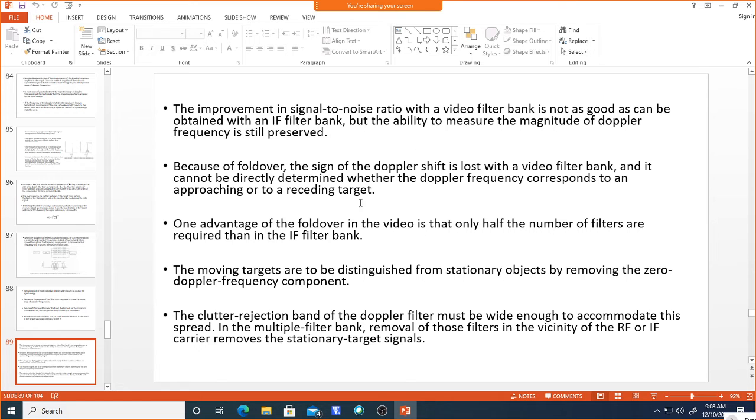Now, because of the fold over, with respect to the transmitted or reference frequency, the Doppler frequencies will be like side bands, collected on both sides of the reference frequency in the frequency spectrum. Because of this fold over, as in the sampling theorem, the Nyquist rate is two times the highest frequency in the message signal.